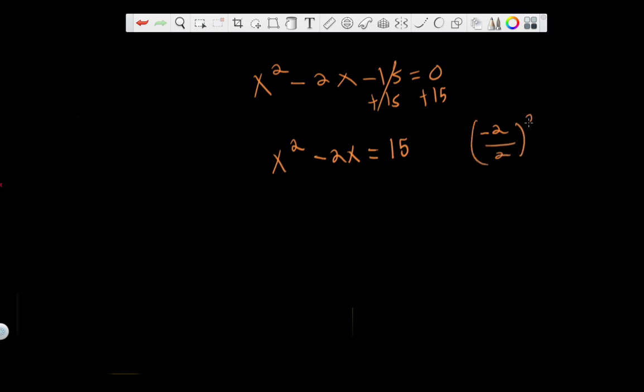So negative 2 divided by 2 is just negative 1, negative 1 squared is just 1, so that's 1. And this helps us determine what we're going to add to both sides to make this a perfect square. So that might sound a little complicated, but let's see what we're doing. So this is the value that we're going to add on both sides, determined by taking this and dividing it by 2 and squaring it.